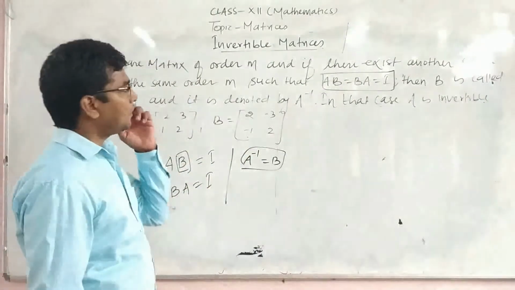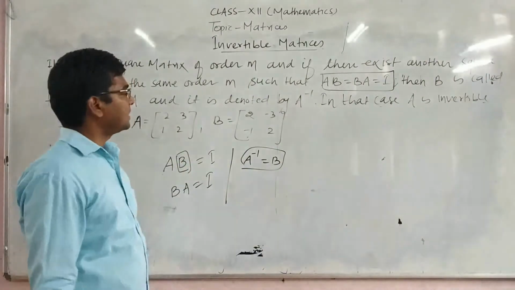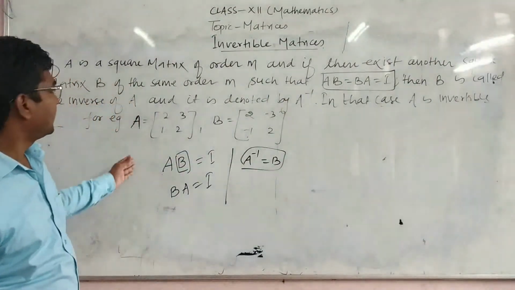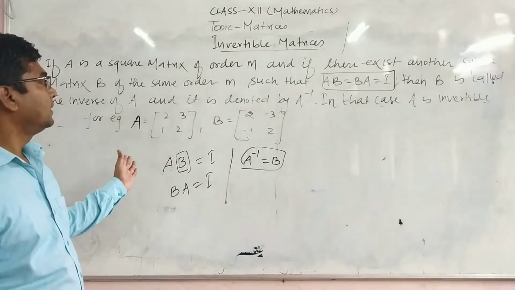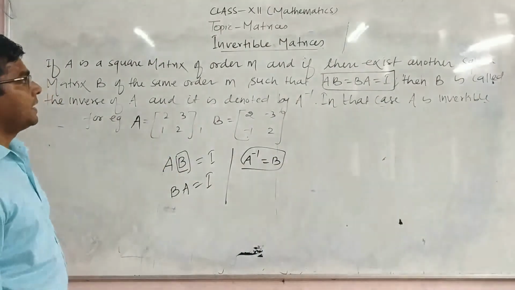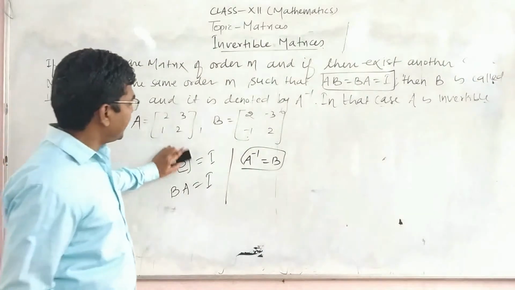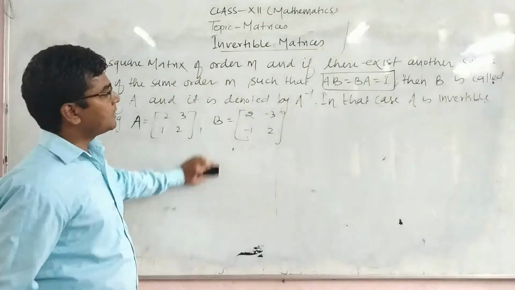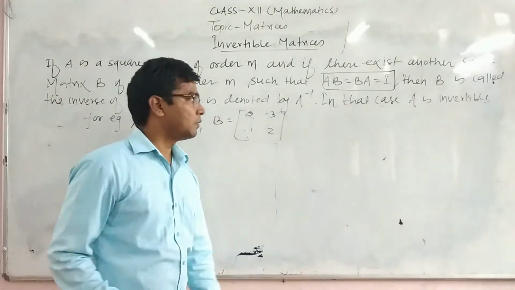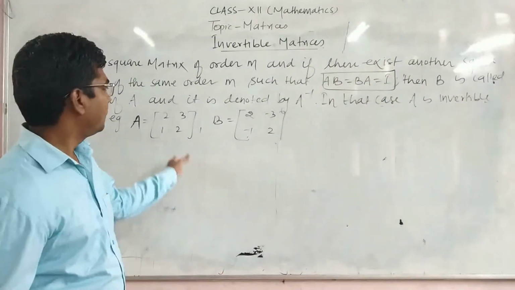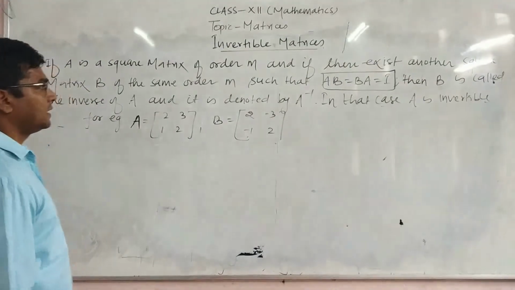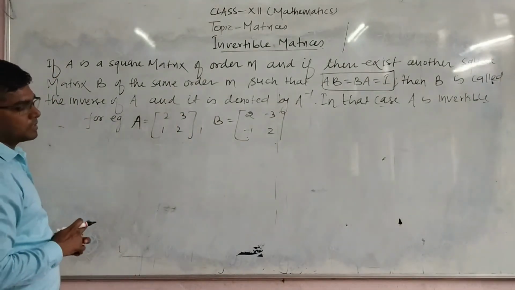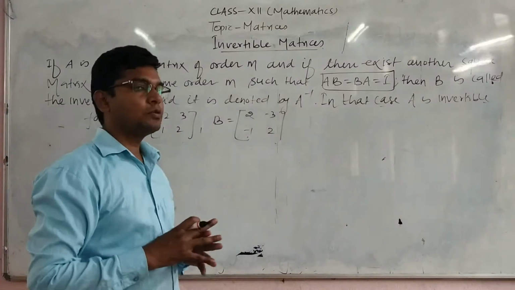Here, with the help of an example, we will discuss that AB and BA should be equal to an identity matrix. Then in that case, we can say that one of them is the inverse of another one, right? So first and foremost condition is that AB and BA should be defined.